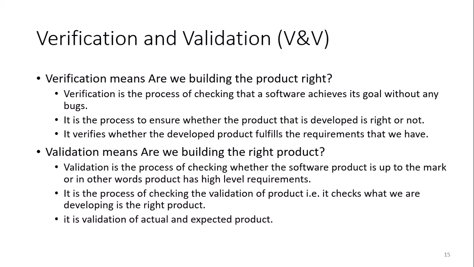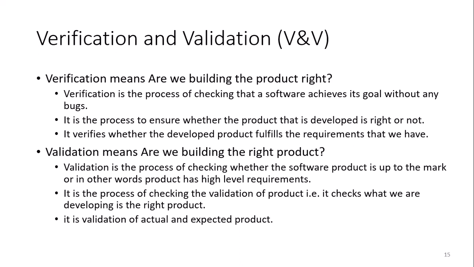So verification is a process of checking that software achieves its goal without any bugs. It is the process to ensure whether the product that is developed is right or not. It verifies whether the developed product fulfills the requirements that we have. So for checking the requirements, we normally do the verification.